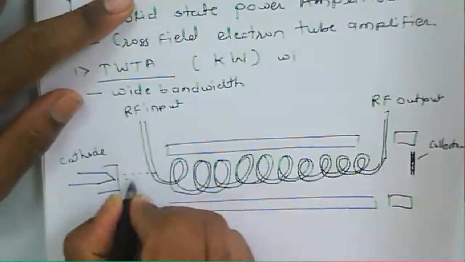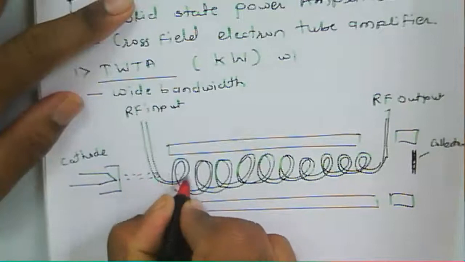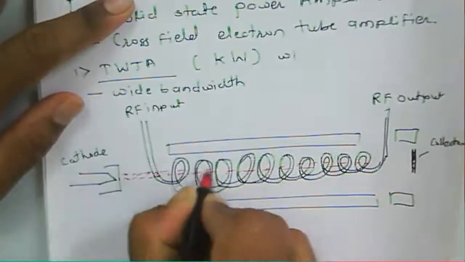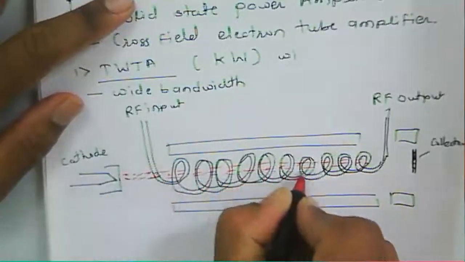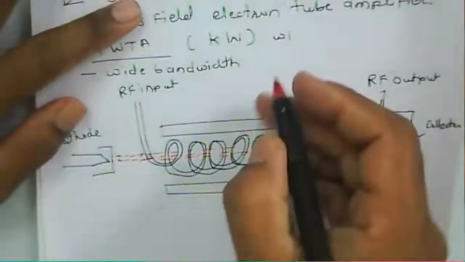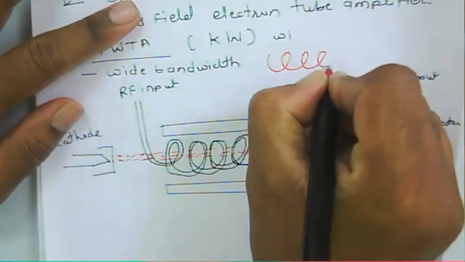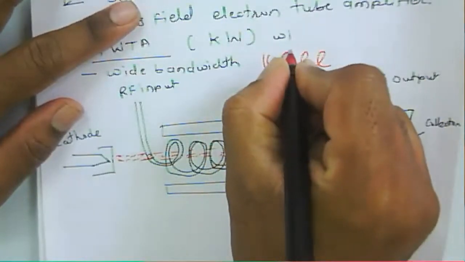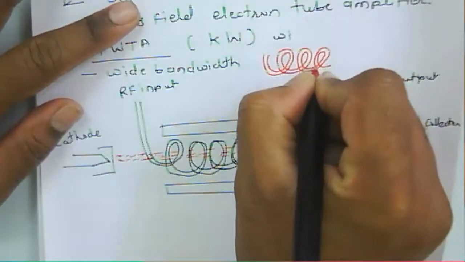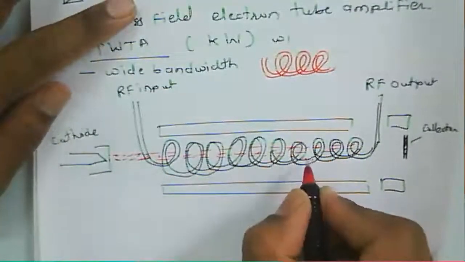The cathode emits electrons, and those electrons propagate through this helical structure. So it has only a tube, and your electrons propagate through this tube.